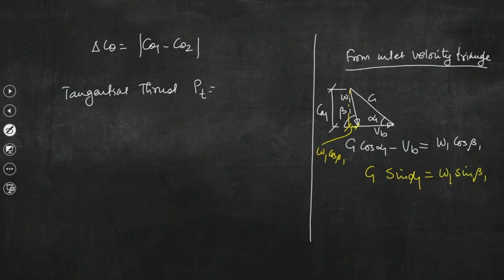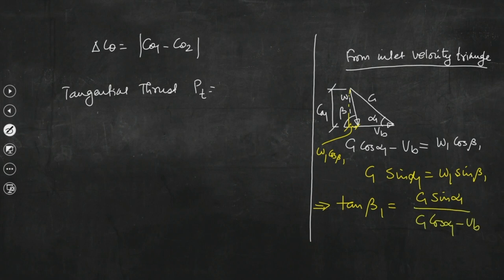From this, we can write tan beta 1 equal to C1 sin alpha 1 divided by C1 cos alpha 1 minus VB. It is very important.